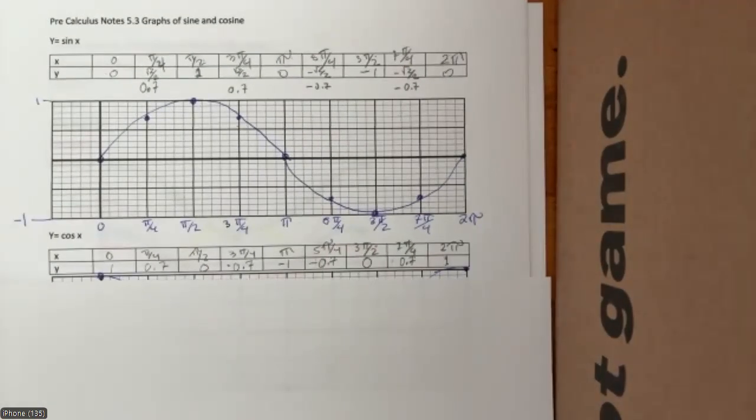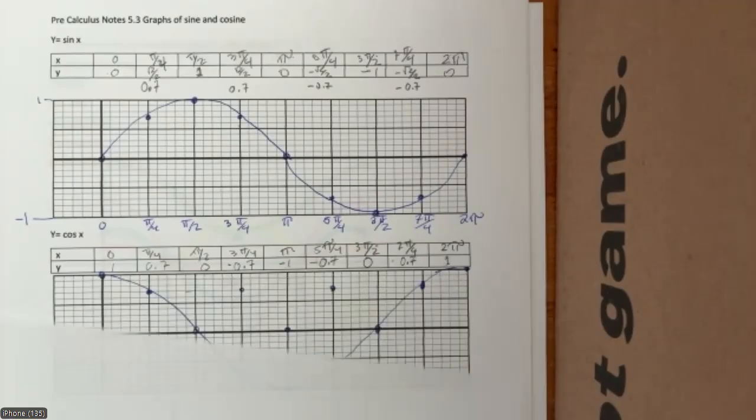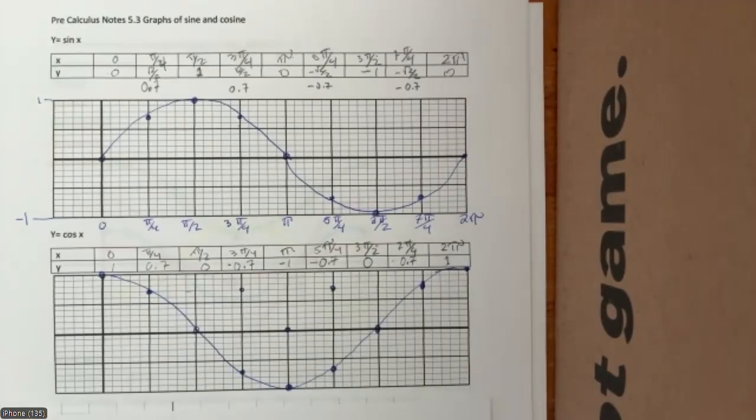So this is what you should have. And then you're going to label the horizontal axis on the graph the same as we did above for the sine wave, plot those points correctly, and connect the dots. So pause the video and do that. And when you're ready, start it and take a look. So this is what you should have for your cosine wave.